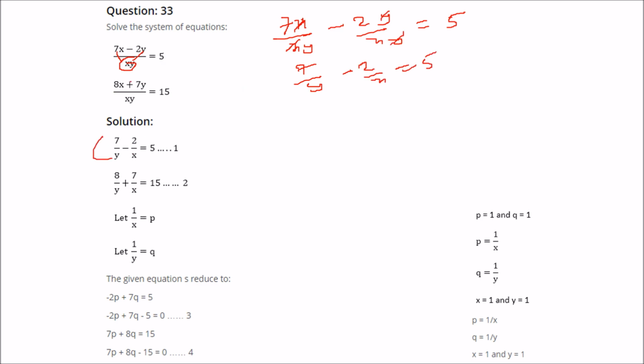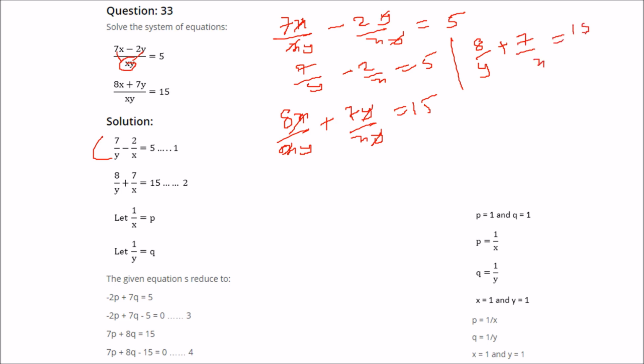Now the second equation exactly like this. So we have 8x by xy plus 7y by xy equal to 15. This gets cancelled, so it is 8 by y, y gets cancelled, so this is plus 7 by x equal to 15. So these are two equations.